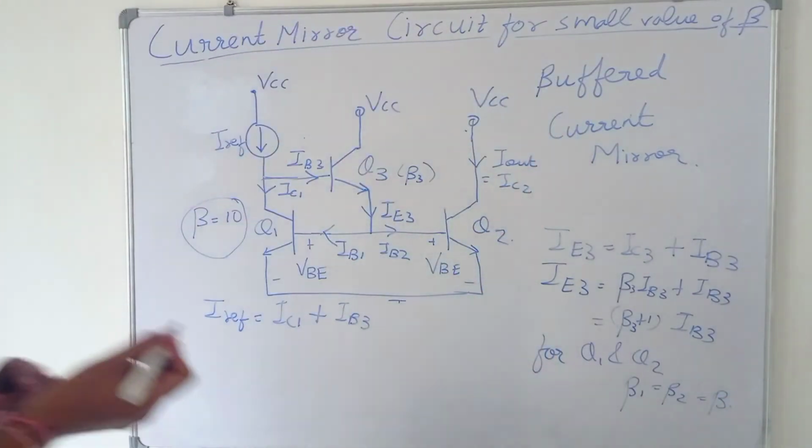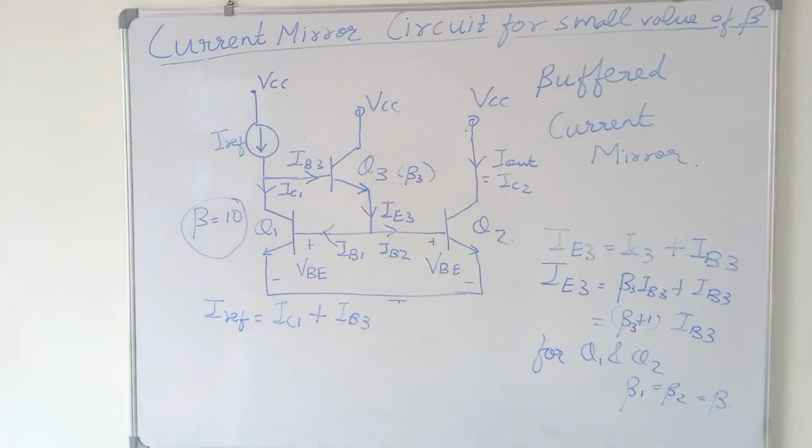This is the assumption we are making, that for transistors Q1 and Q2 their current gains are the same, that is beta 1 equal to beta 2 equal to beta. Now Iref is equal to IC1 plus IB3.